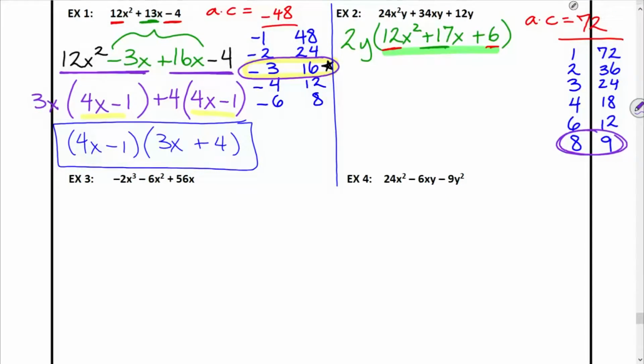All right, so don't lose your GCF. I have 2y, and I'm going to rewrite this. I have the 12x squared, and I'll rewrite this 17x not as 17x, but as 8x plus 9x plus 6.